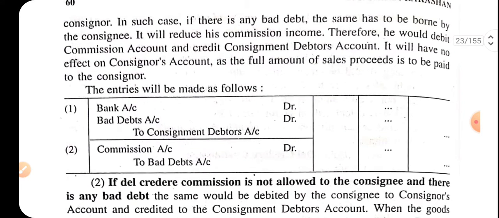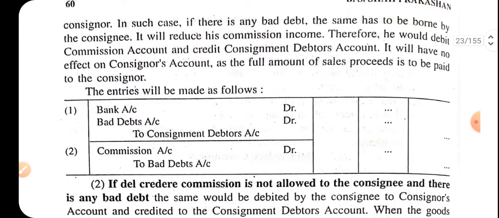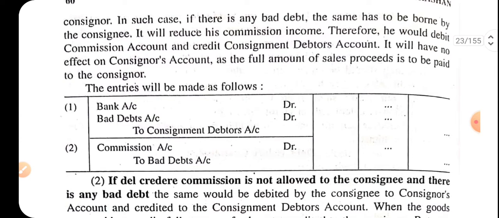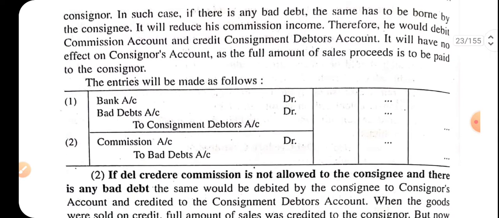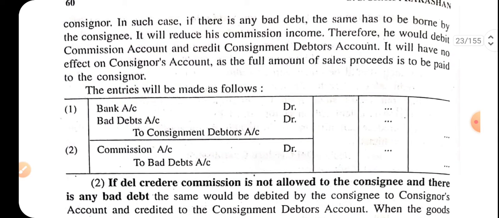As I communicated to you at the beginning of this chapter, the Del Credere Commission is only allowed to the consignee for the credit sale made by him, and if he has made the credit sale and any bad debts arise, then the consignee is responsible for such bad debts and losses.